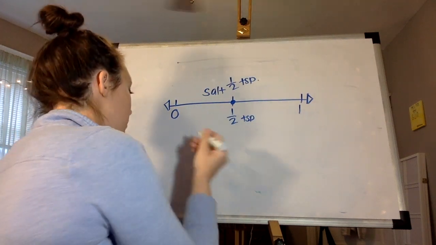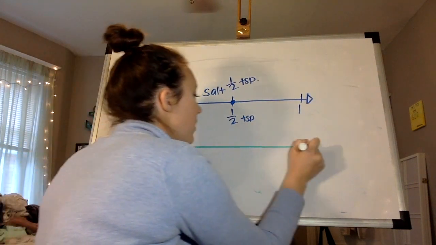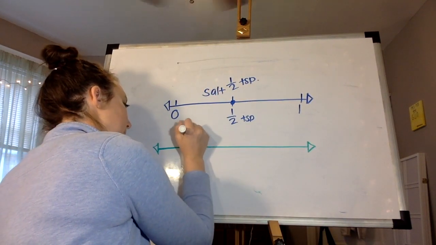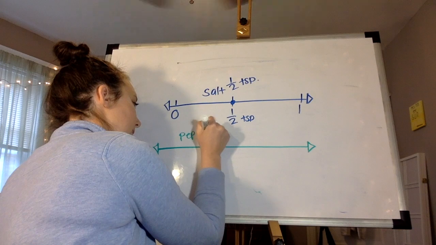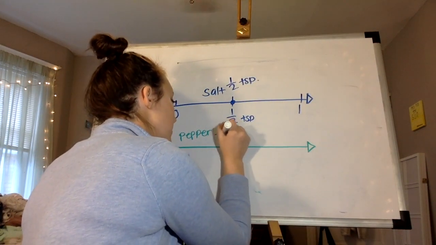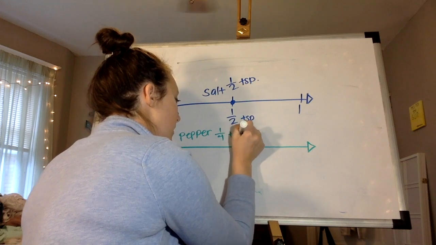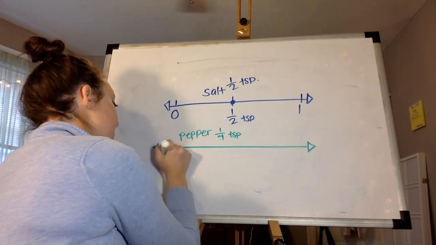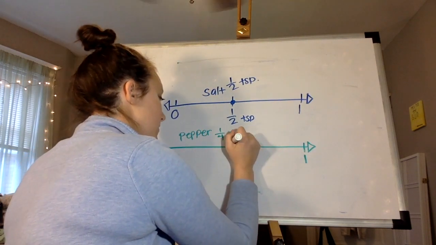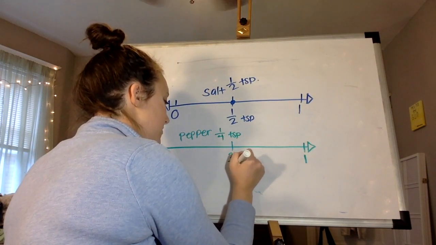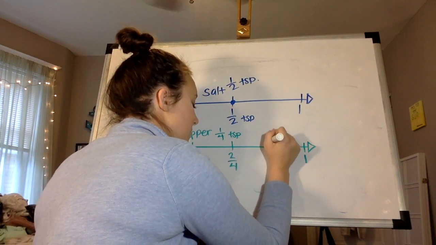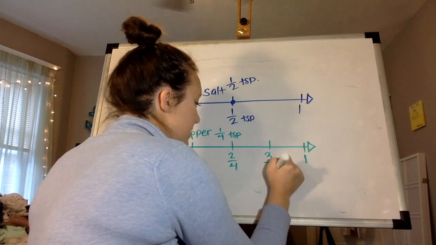Okay, so that's salt. And then I'll do a green number line for pepper. And it looks like we need 1/4 teaspoon. So that means I need to divide into 4 equal shares. Okay, so I've got 2/4 there, 1/4 teaspoon, 3/4 teaspoon.